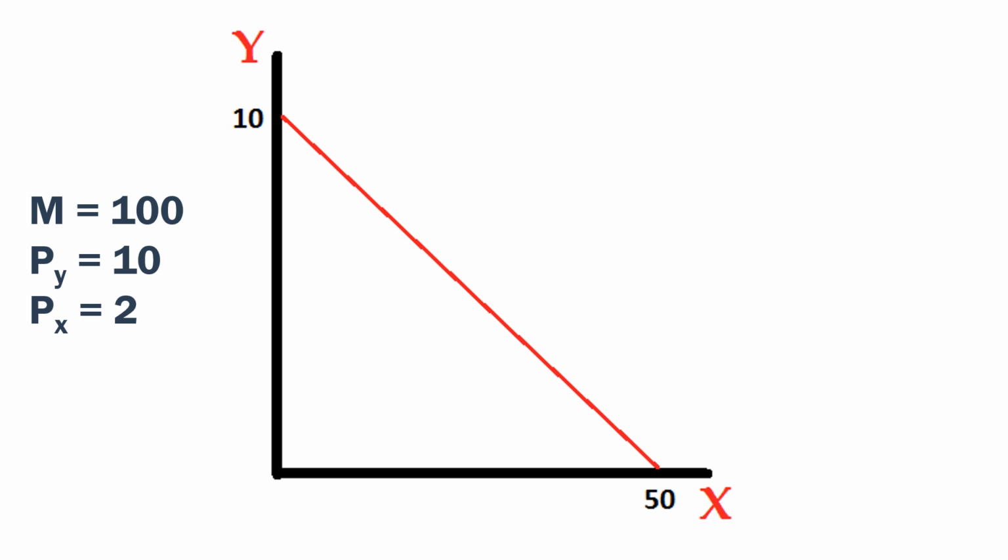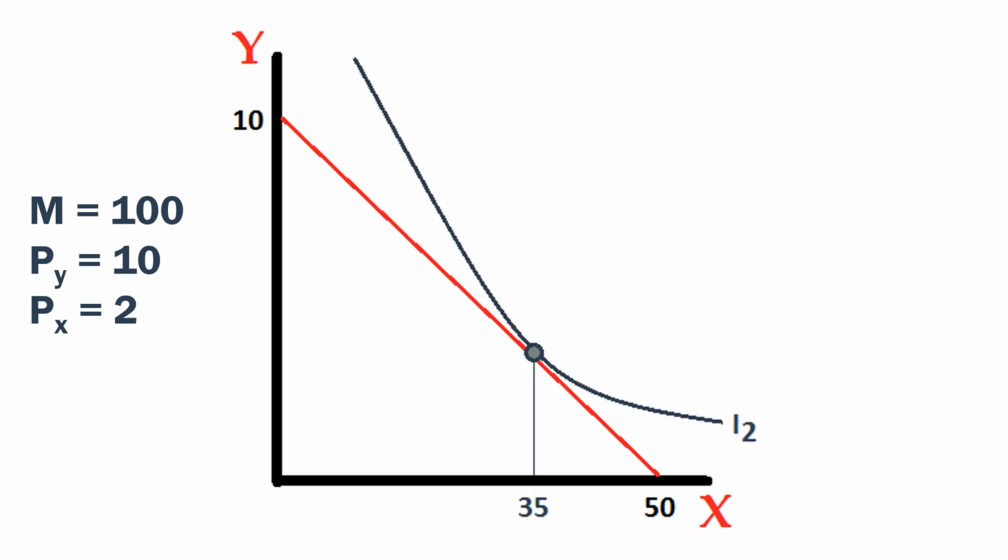So 10 times 10 units would give us our total income of 100. Or we can consume at most 50 x. The price of x is just 2. If we get 50 of them, we would spend our entire budget of $100. So we can see where we have our budget constraint at this point in time.